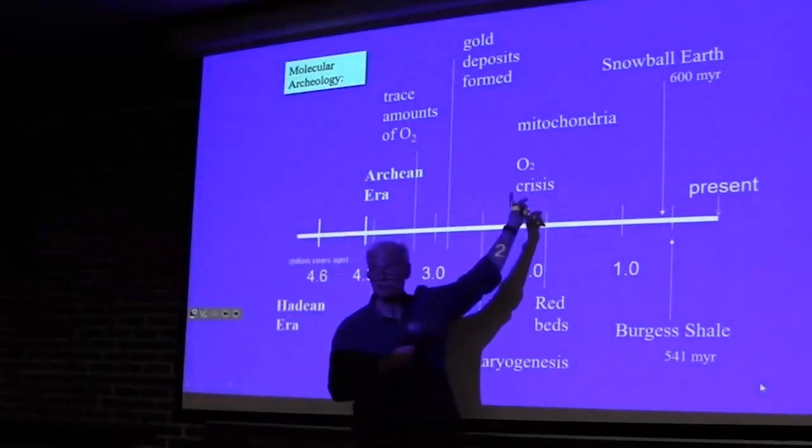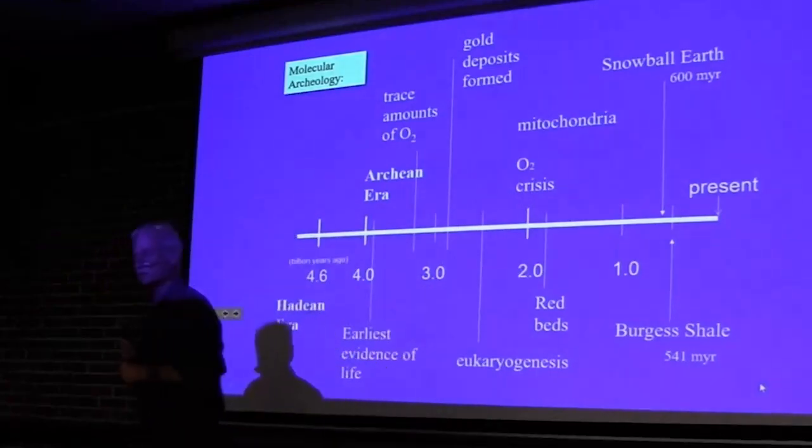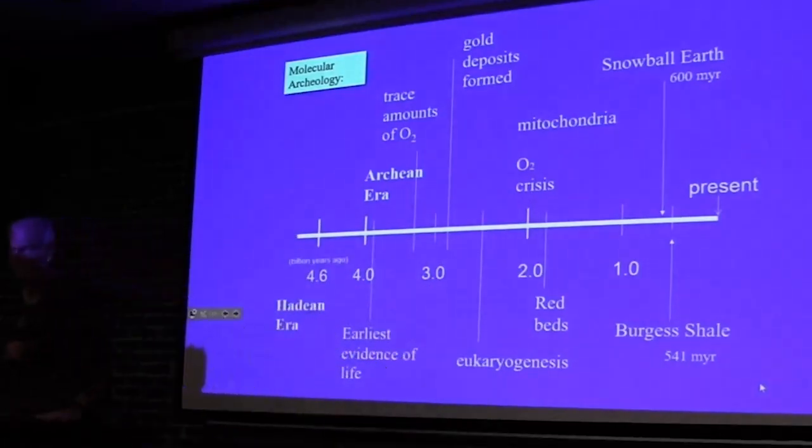Mitochondria, of course, was the solution to the oxygen crisis. As an endosymbiont, at first, they invaded another bacteria, a eubacteria, and together they now were able to take care of oxygen.